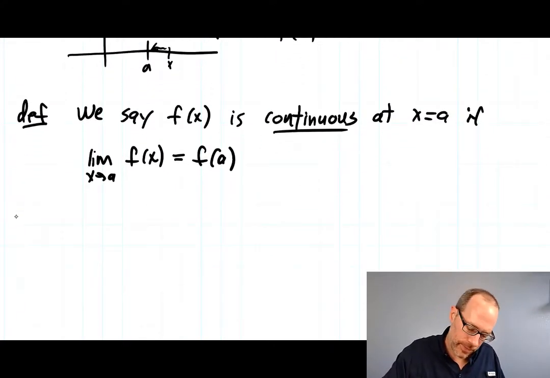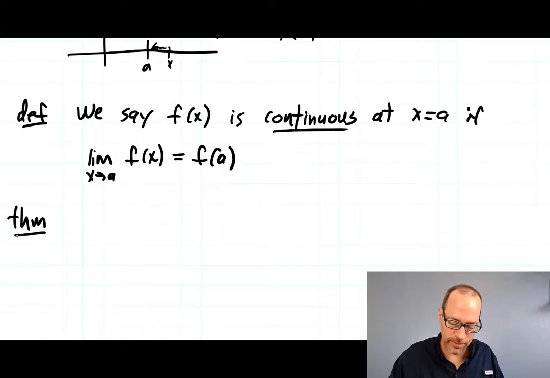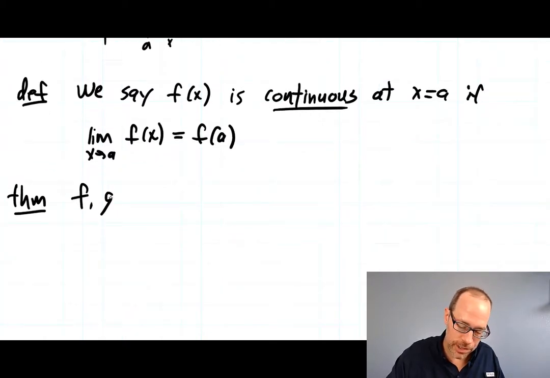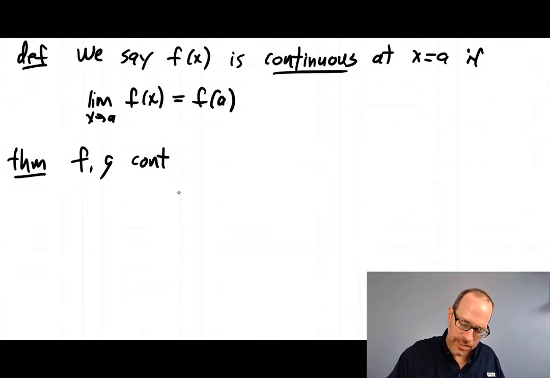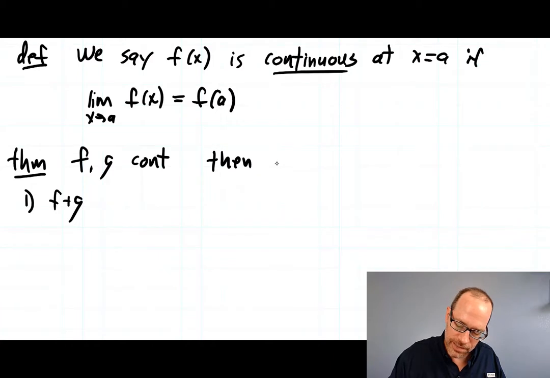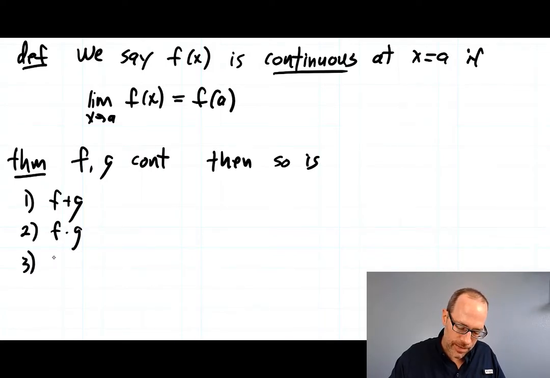It's a kind of easy theorem that if you have functions f and g that are continuous, then pretty much anything you do with them leaves them continuous. So for instance, if f and g are continuous, then so are f plus g, f times g, f over g, of course, when g is not 0.